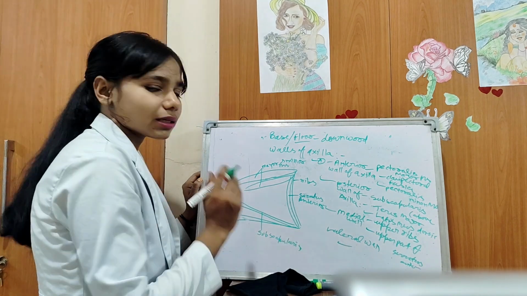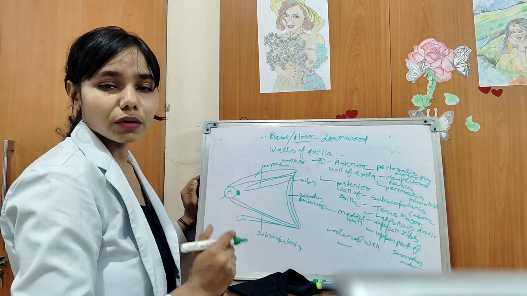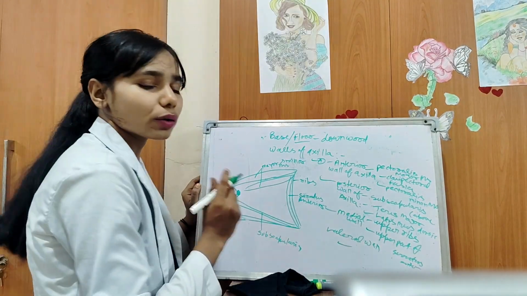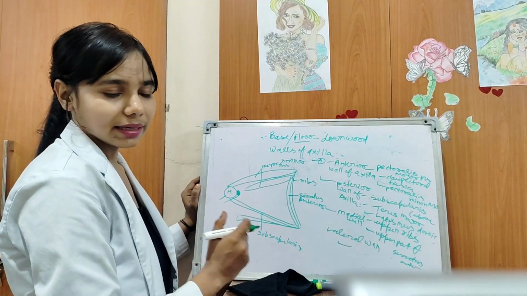This is the long head and short head of biceps brachii and coracobrachialis. This is the shaft of humerus in the region of the bicipital groove, which forms the lateral wall, and then coracobrachialis and biceps brachii muscle.